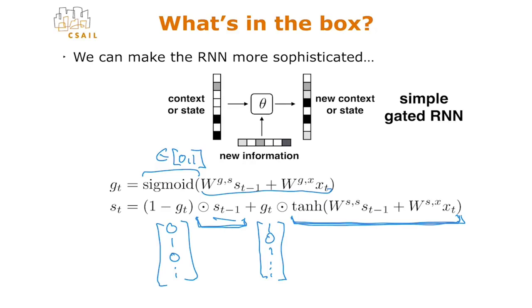Now, we don't know how to control this state update, what part of the coordinate space to retain at any given point in response to new information that we are getting, but we can learn to control this. And it is helpful to add this level of control into the neural network architecture. This is called a simple gated neural network architecture.